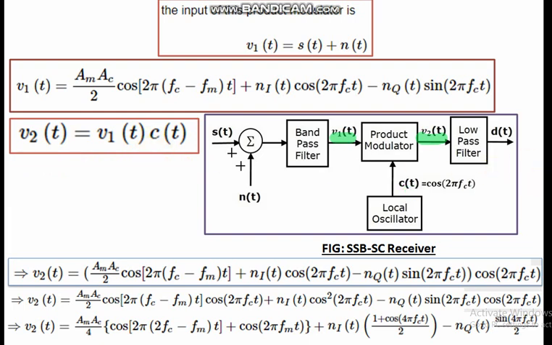So what we have to do now is calculate. This complete bracket is for V1(t) and c(t) is cos 2 pi fc t. Under this bracket each term will be multiplied with cos 2 pi fc t. Here, how many terms are you watching? This is one term under the small bracket, and this is the second term.